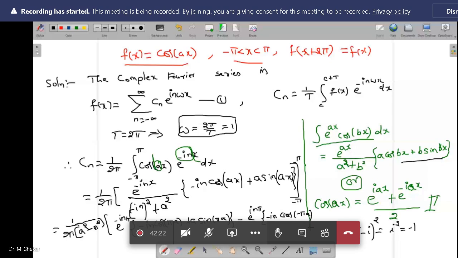Now just think here, I simplify. There are some common terms you can simplify when you multiply.